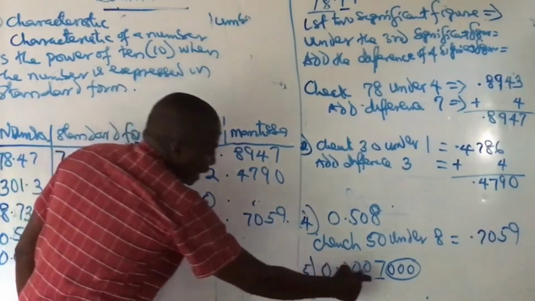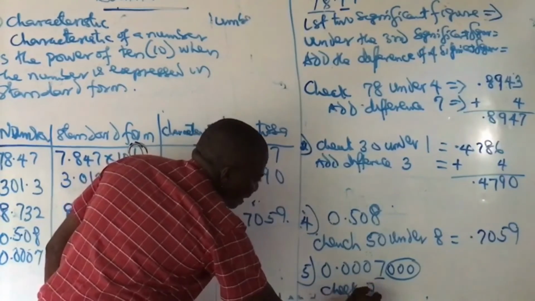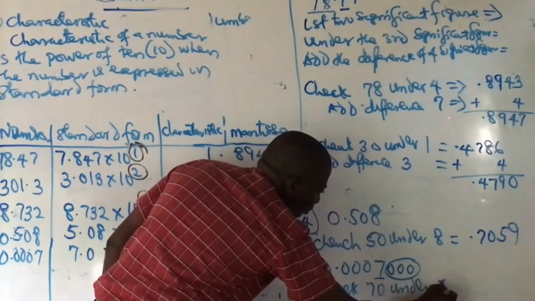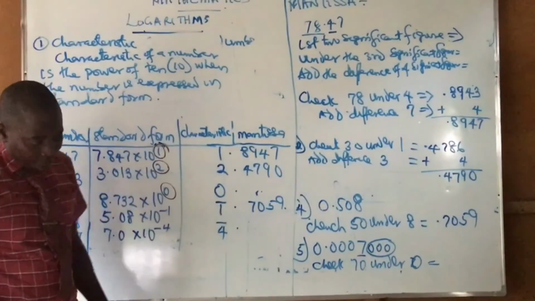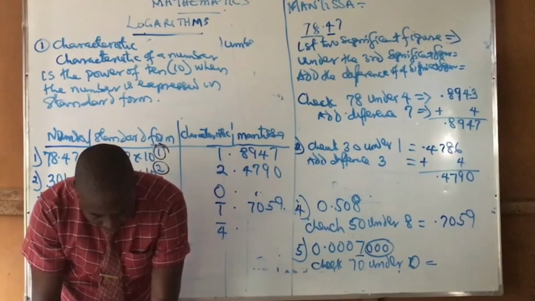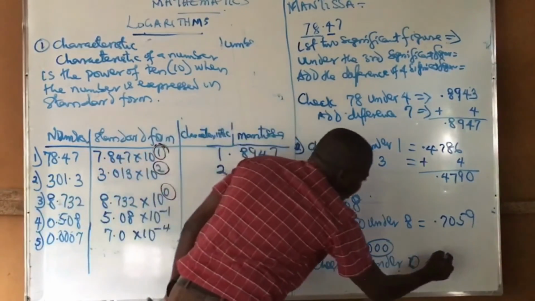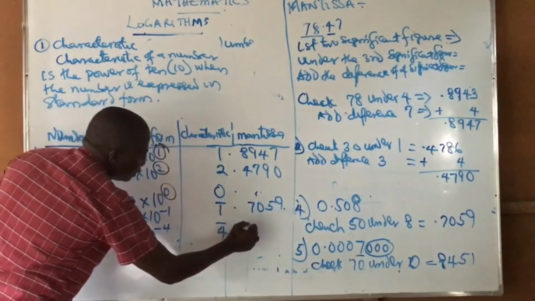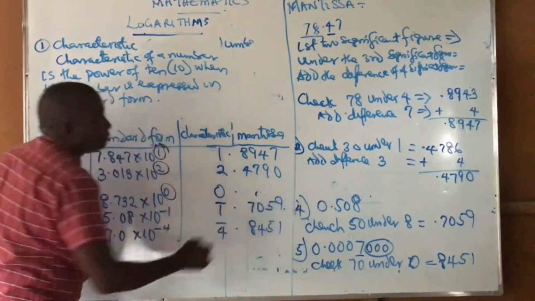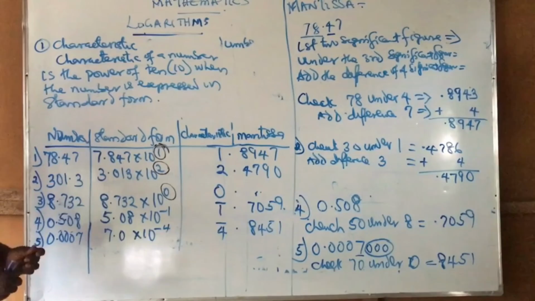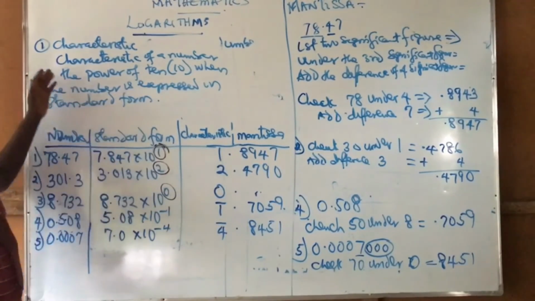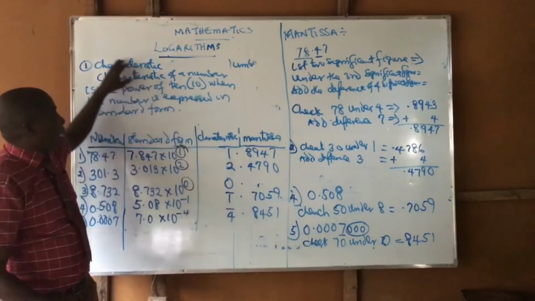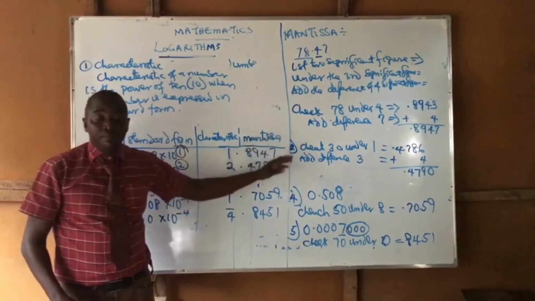Hence, we now check 70 under 0. What is 70 under 0? It is 8451. It will now be point 8451. On this note, we have been able to see how we can use the four-figure table, especially logarithm, and how we can determine the characteristics and the mantissa.